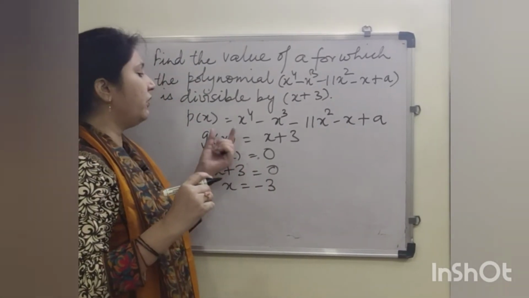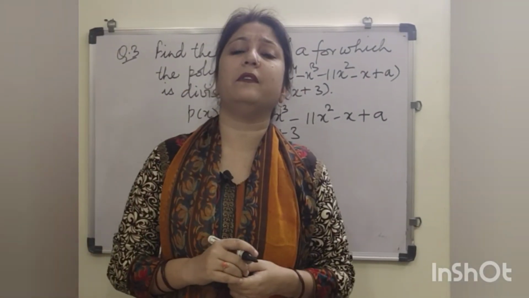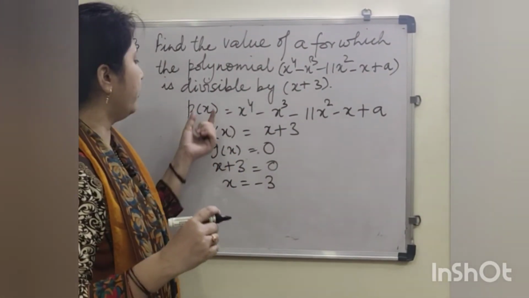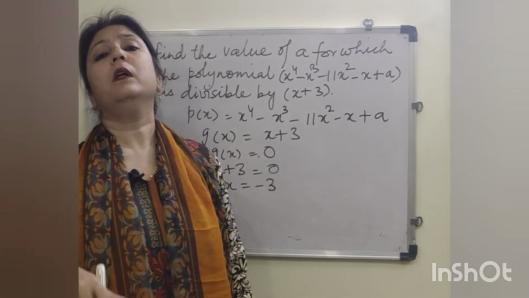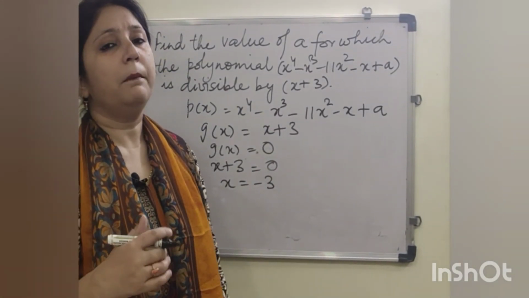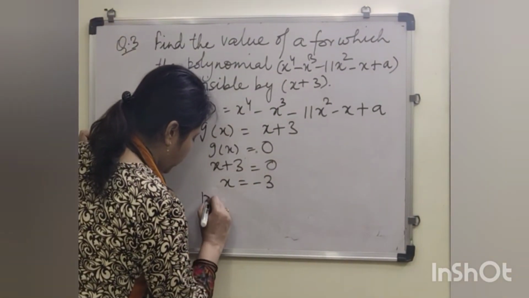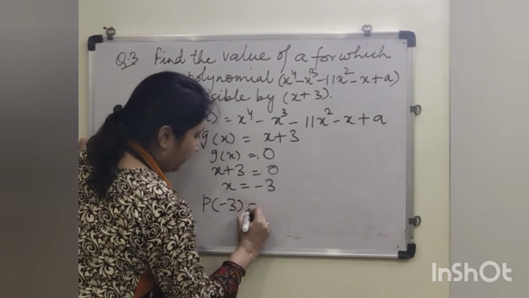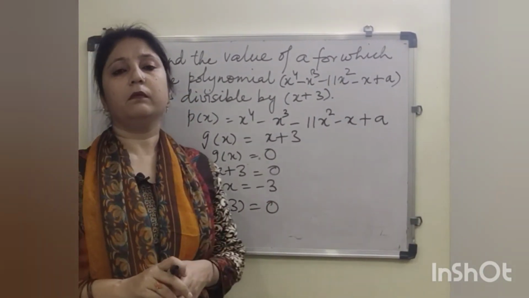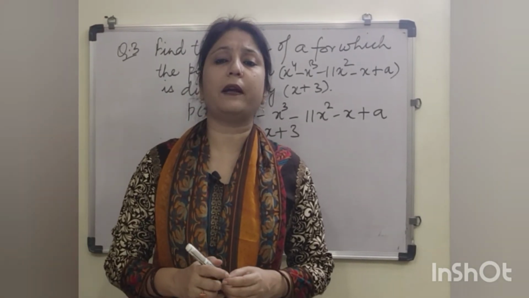Now if g(x) is a factor of p(x), it means p of minus 3 must be equal to 0. What should be there? p of minus 3 should be equal to 0 according to factor theorem.